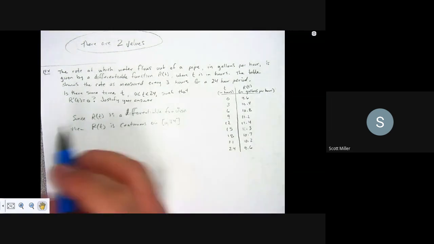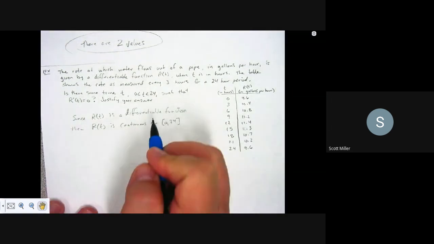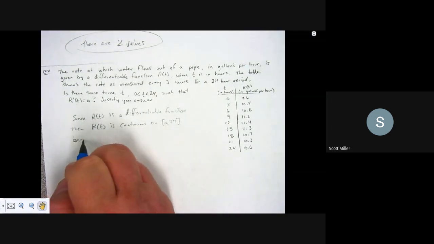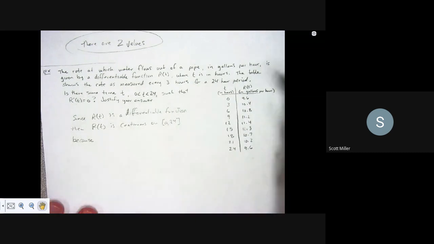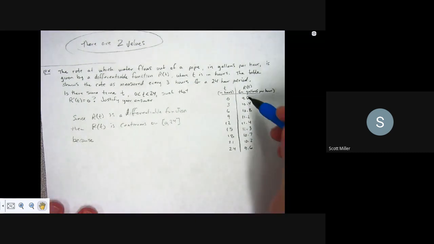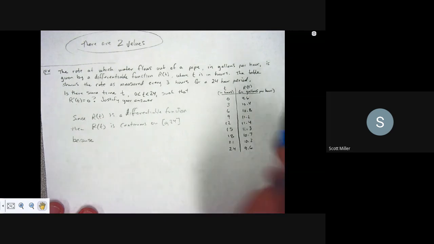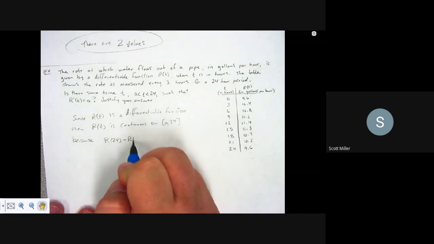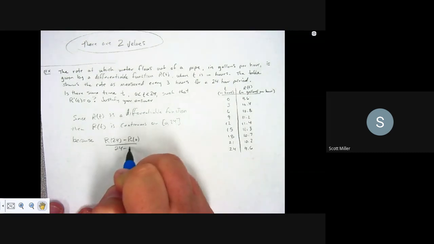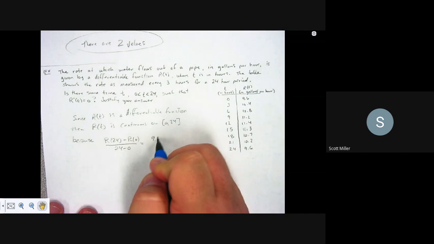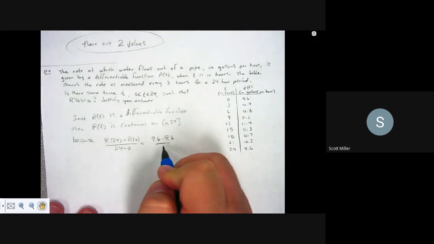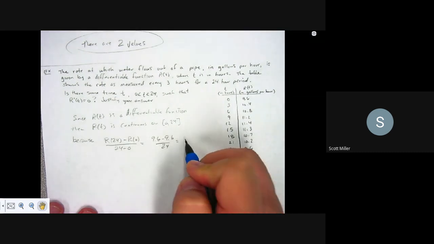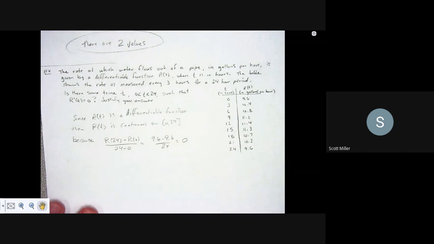So it's continuous, and also, if you look closely, notice I have the same rate here, same output, don't I? That gives us the 0. Because R of 24 minus R of 0, over 24 minus 0, is equal to 9.6 minus 9.6 over 24, which is equal to 0.